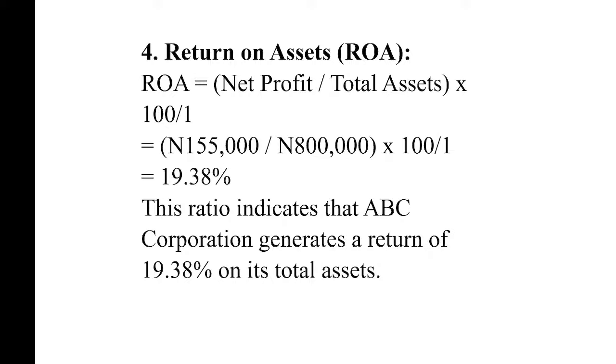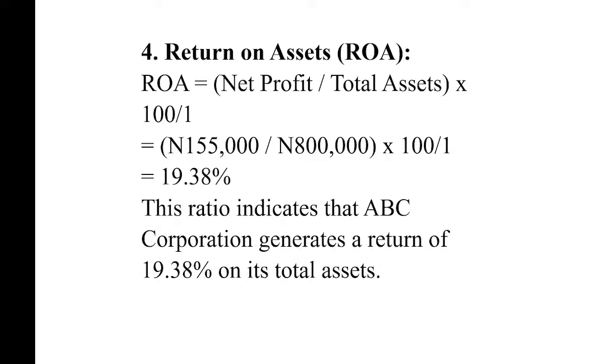So it will be equity plus liabilities. You remember the accounting equation. Asset is equal to equity plus liability. So either you add equity plus liability to get total asset, or you add current asset plus non-current assets. So we're having 155 over 800 times 100 over 1, equal to 19.38%.